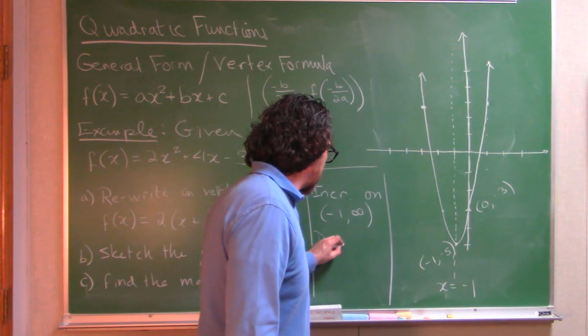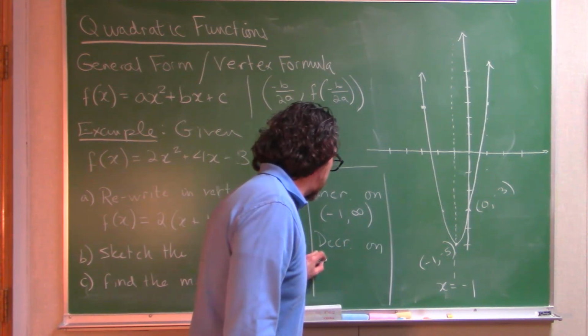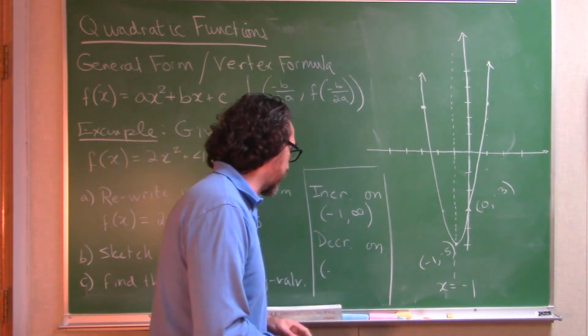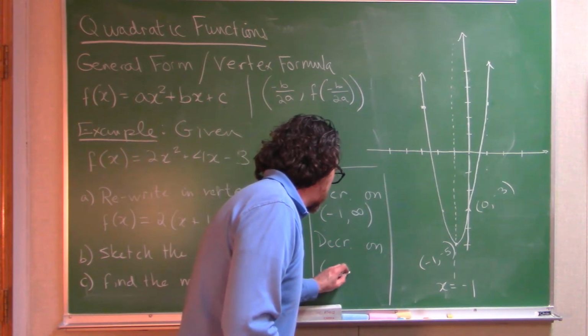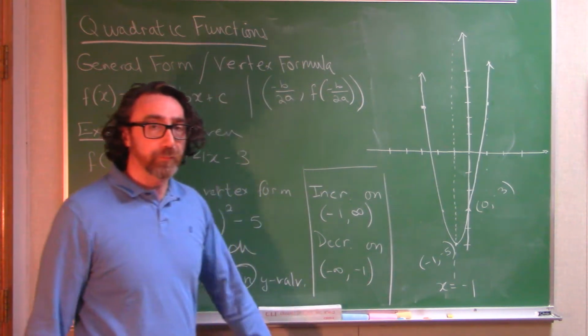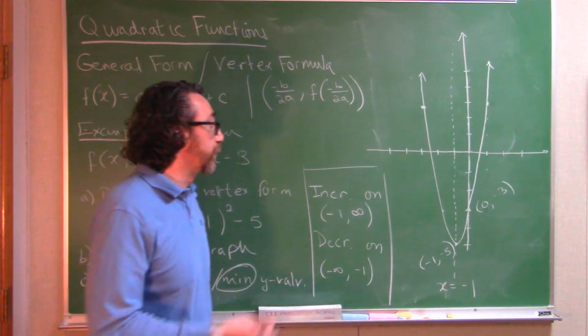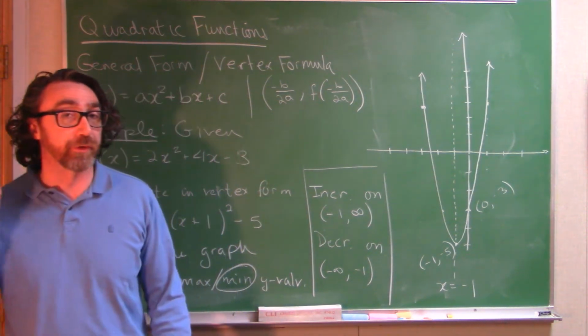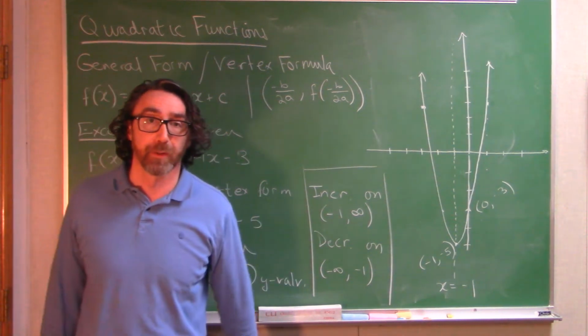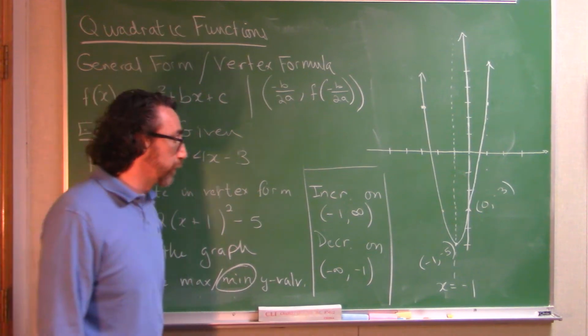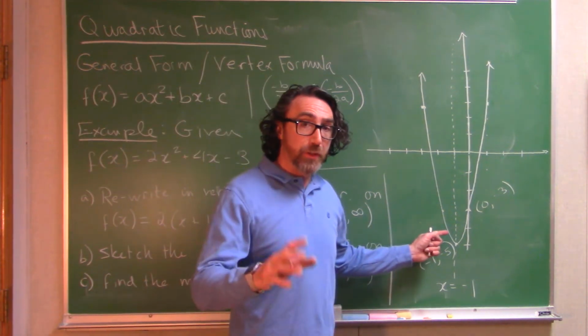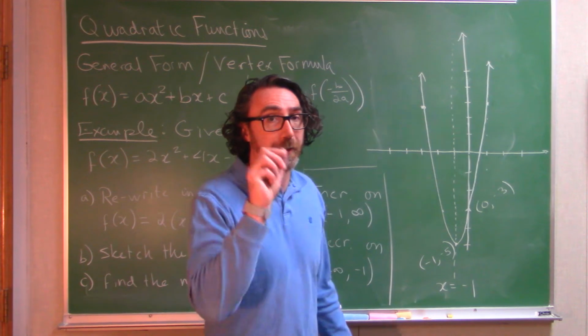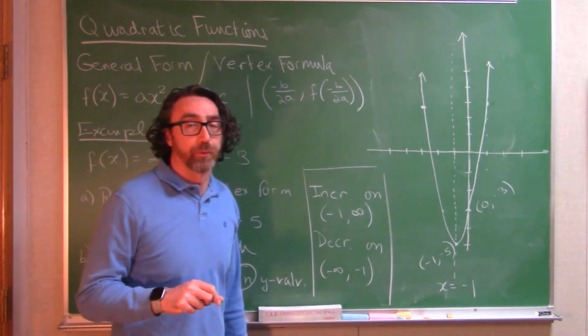Where is the graph decreasing? Well, the graph is decreasing on the interval -infinity to -1. What's the domain? The domain for any quadratic function is always -infinity to infinity. What's the range? You remember, the range of a function is the set of all possible output values.